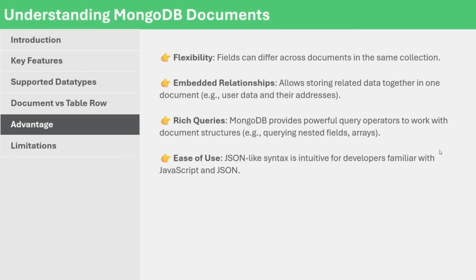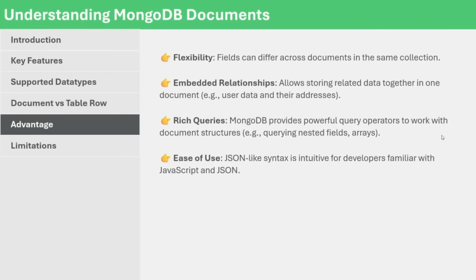Now, what is the advantage of using a document? First of all, a document is flexible, it is schemaless. So just like I mentioned before, in the same collection, two documents can have different numbers of fields and different types of fields. And this provides flexibility to add or remove fields in a document based on the requirement.